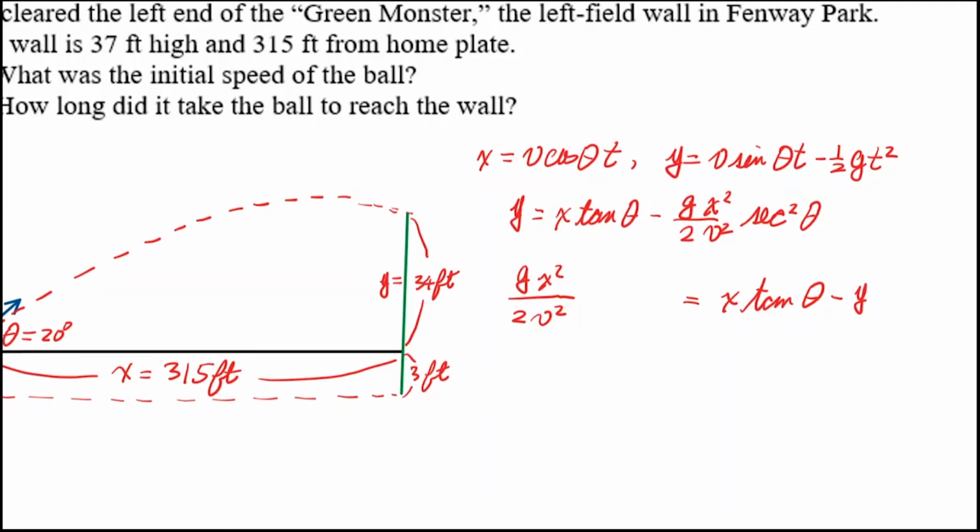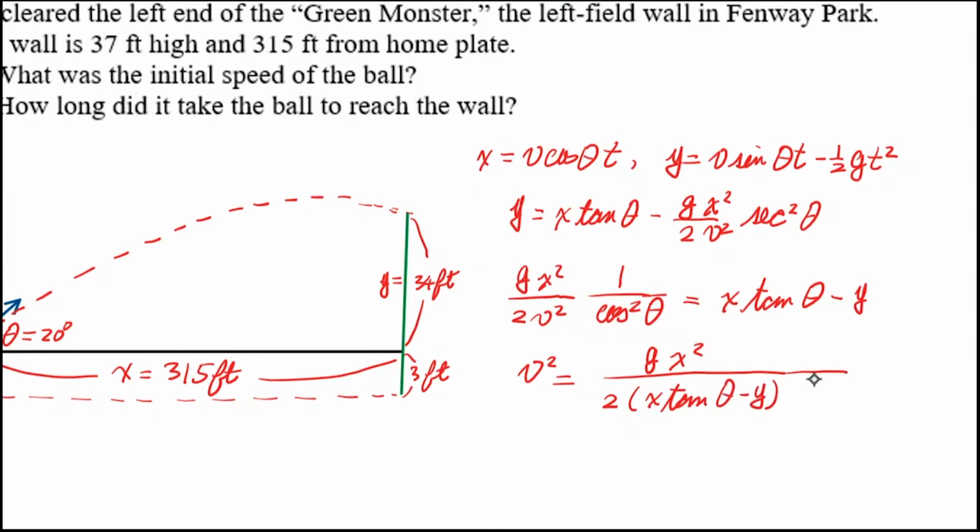I think this is better for you, algebra-wise. So we flip both sides. So my v squared is going to be g x squared over 2 times x tangent theta minus y, and then times cosine squared theta.